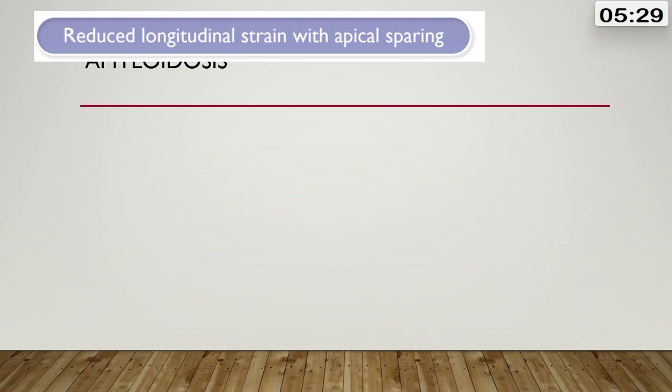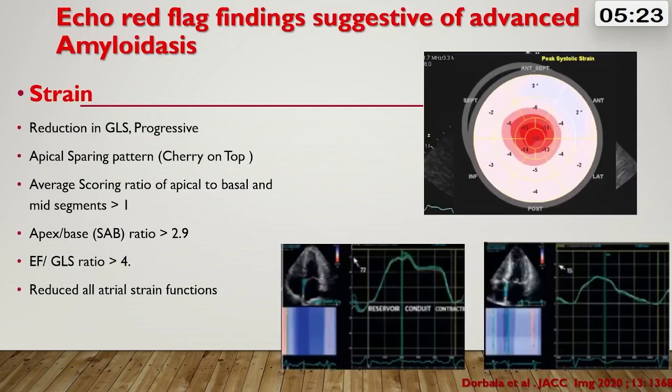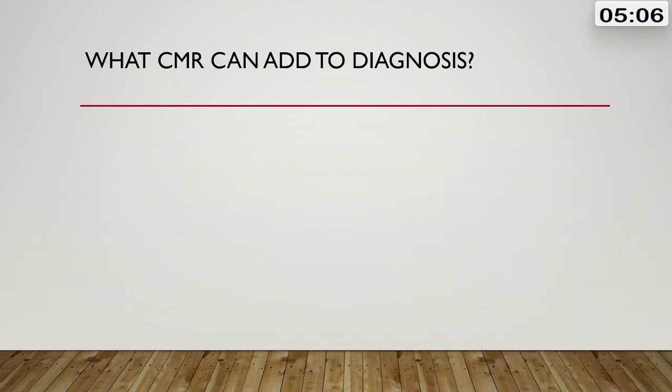You can measure the strain by feature tracking CMR. You will find apical sparing. What does this mean? Can you see this? All of you know this, of course. This is spared apical strain, while you can see the mid segments and the basal segments are reduced. And it's also one of the red flags.